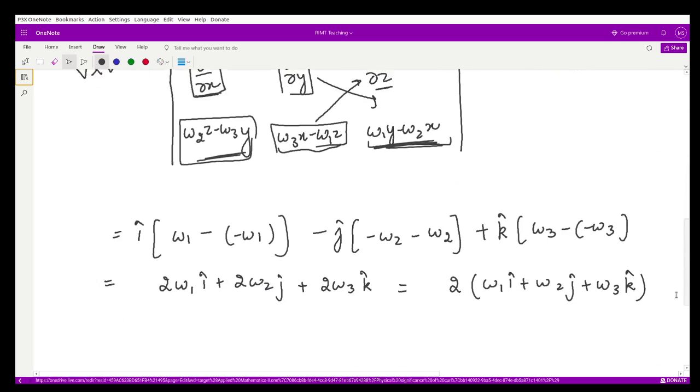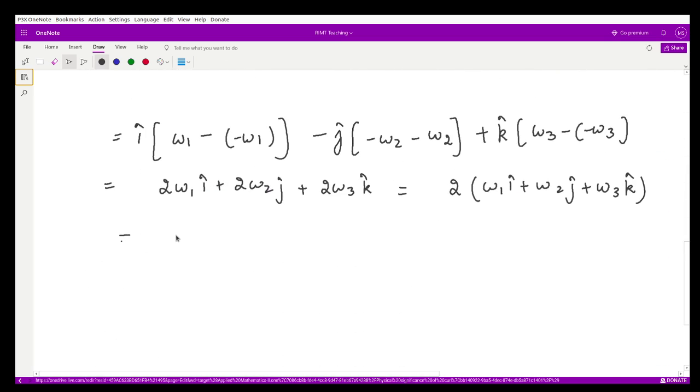So your curl v becomes equal to 2 vector omega. Therefore curl of vector v is equal to 2 times omega, or omega becomes half curl of vector v. v was the linear velocity, omega was the angular velocity.